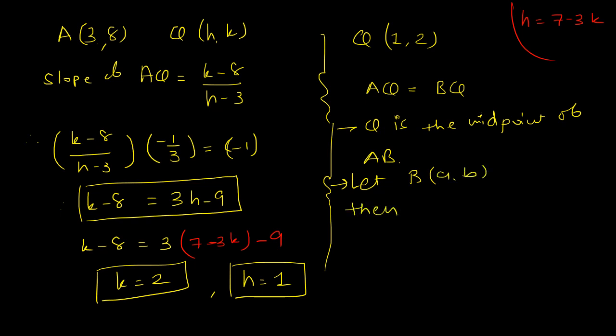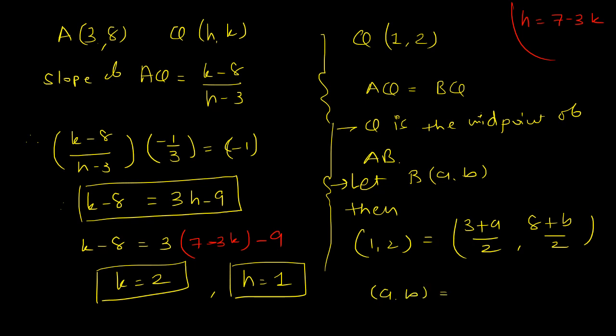Then can you write 1 comma 2, Q is midpoint. So coordinates of A are 3 and 8, and coordinates of B are a, b. So 3 plus a by 2 and 8 plus b by 2. If you solve this, you get a comma b is equal to minus 1 and minus 4. This is your required coordinate. That's it. Thank you.